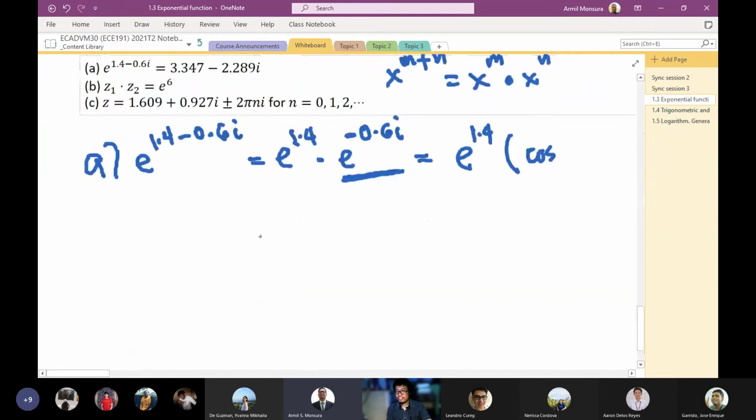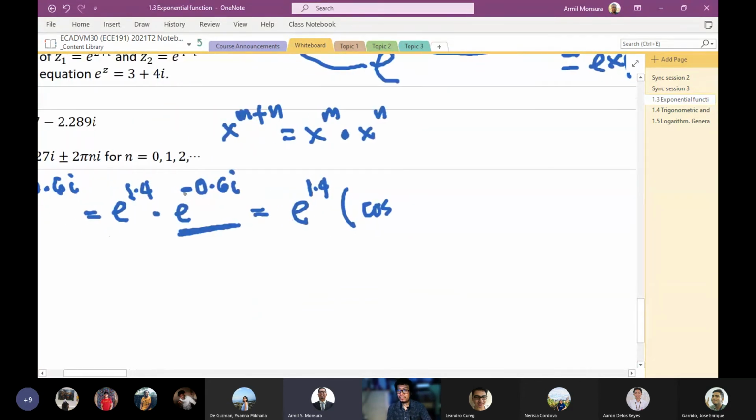So going back sa example natin, since negative ito, this becomes cosine of 0.6 minus i sine of 0.6.